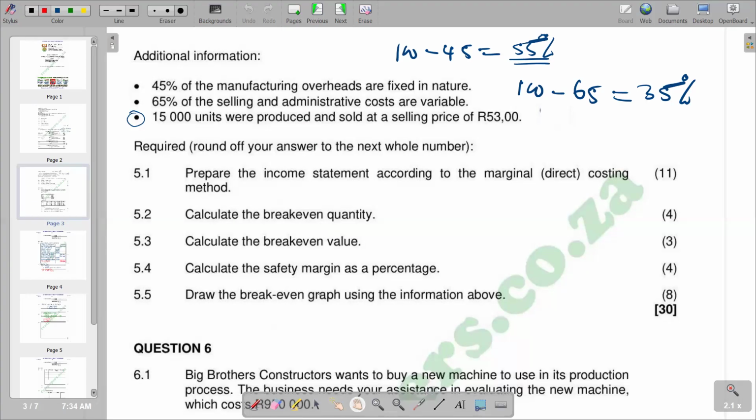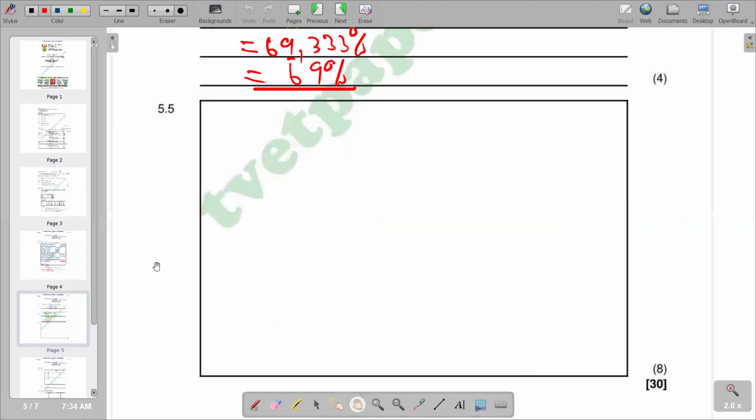So let's start by showing our axis, whereby we put our vertical axis and our horizontal axis. This is going to be your vertical axis, and this is going to be your horizontal axis.